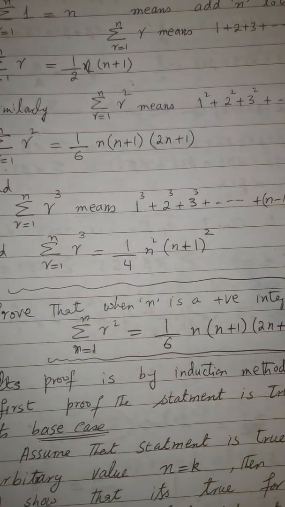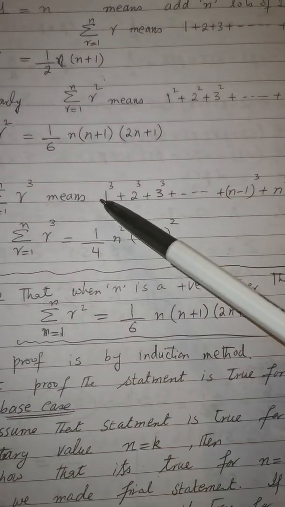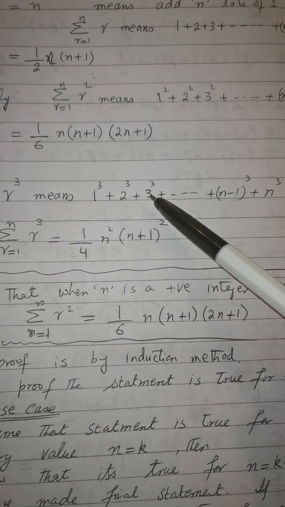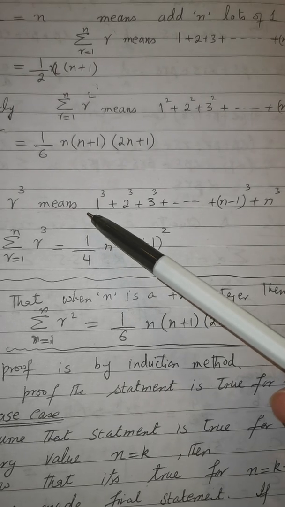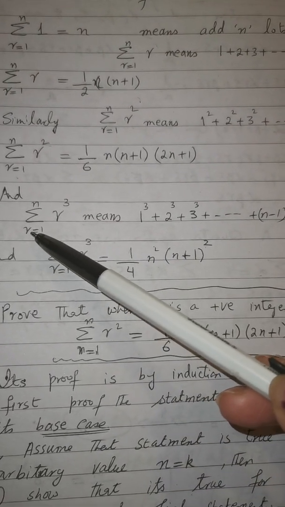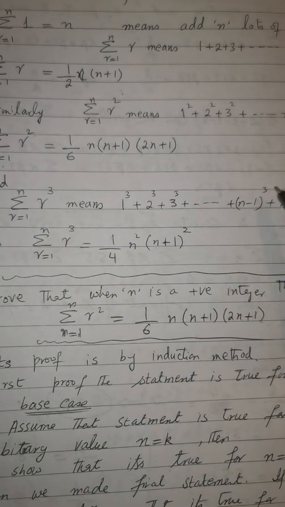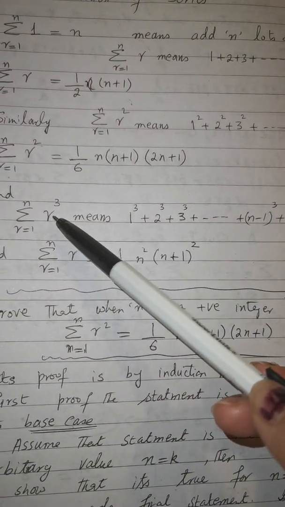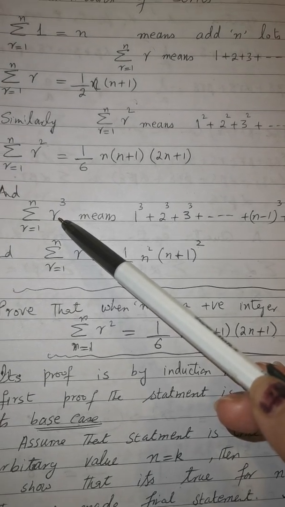And if our series is cubes, then we will represent it by summation r going from 1 to n of r cube, right?